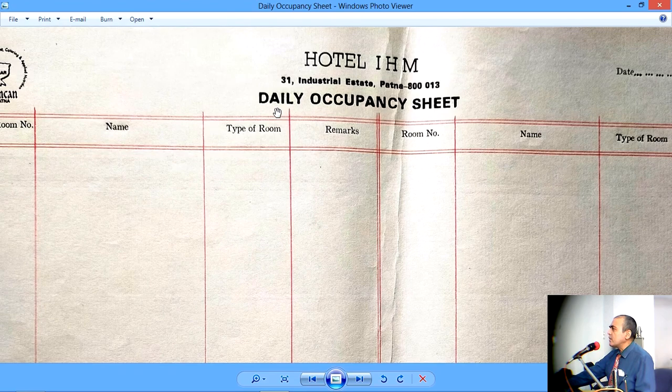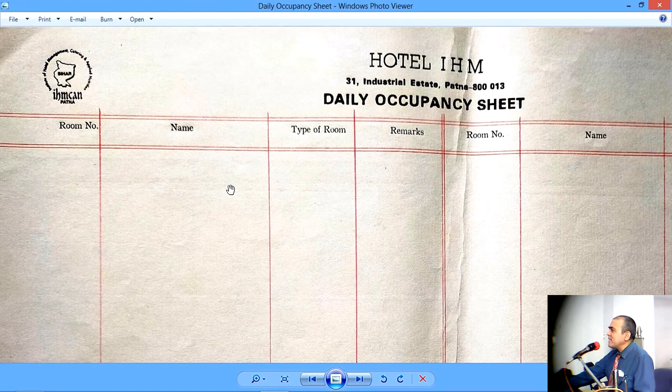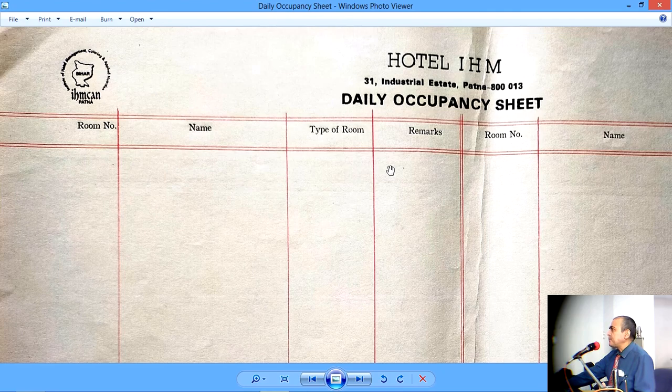The first thing we need to understand is what is occupancy. Occupancy is from the word occupy. Occupy is when somebody is in custody of something or in control of something. So in a hotel, when a guest is in control of a room, a given space for a definite period of time, we say that room is occupied by that particular guest.